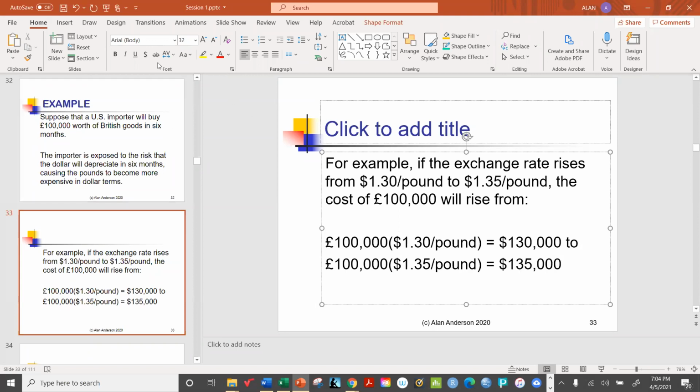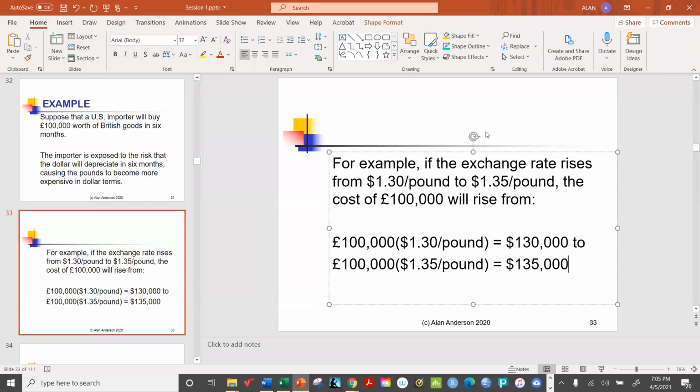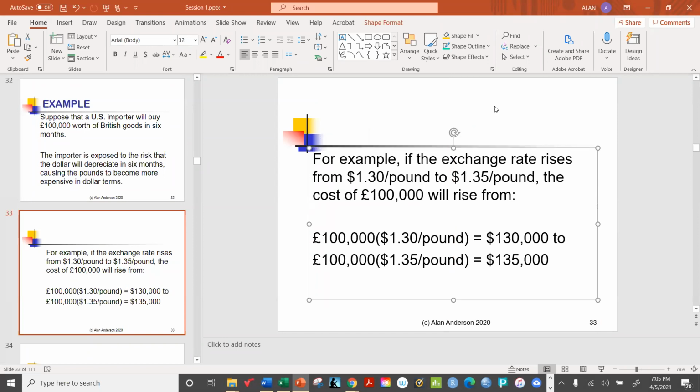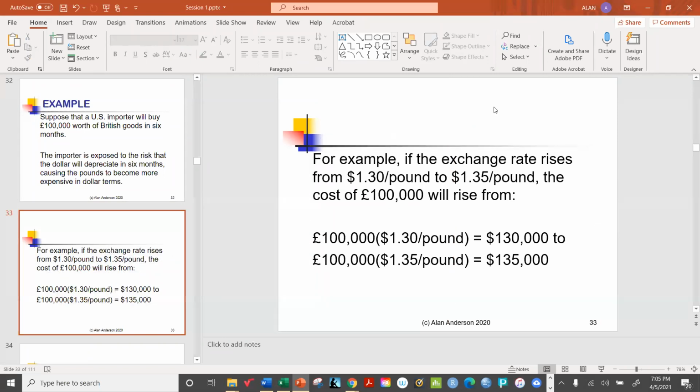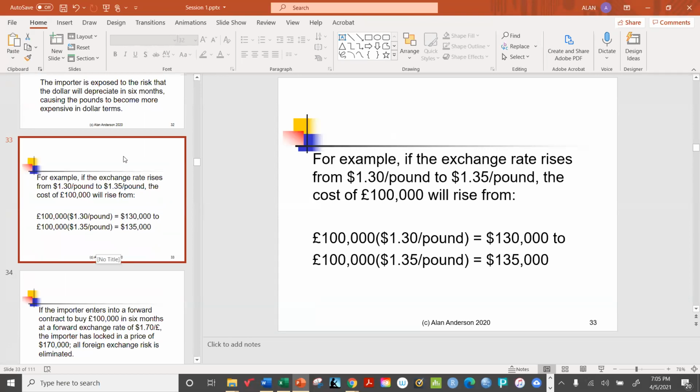So yes, the hedger is right to be worried. If the dollar gets weaker, the pounds will become more expensive. What do we do about it? Now, by the way, just having said that though, let me just quickly show you the opposite side of the same coin.